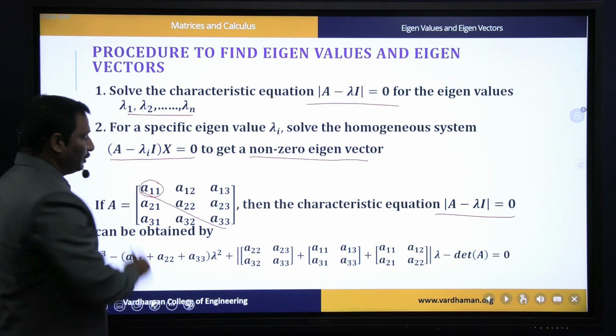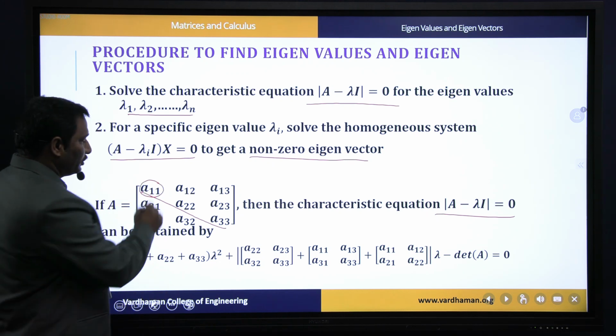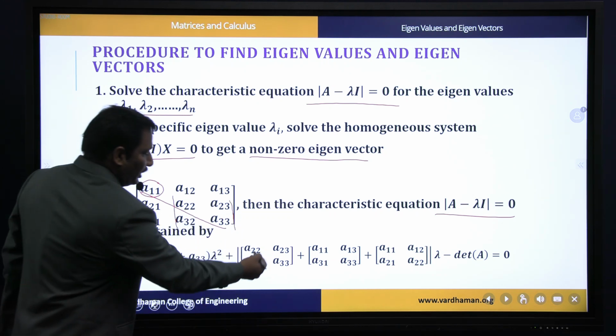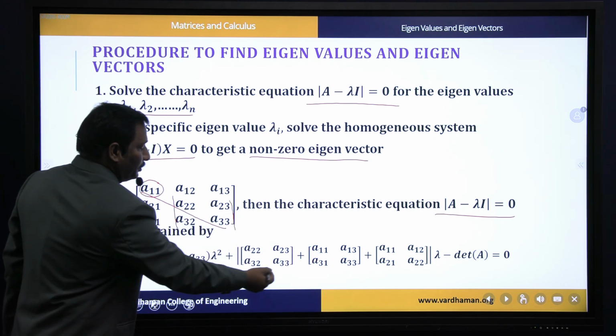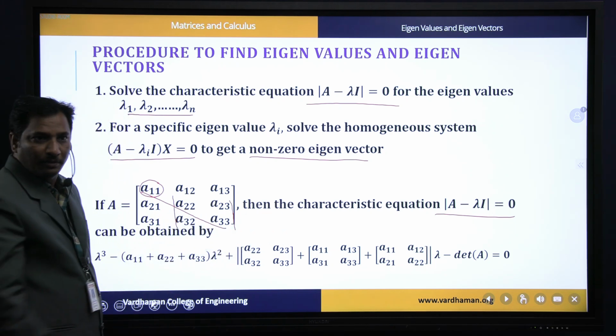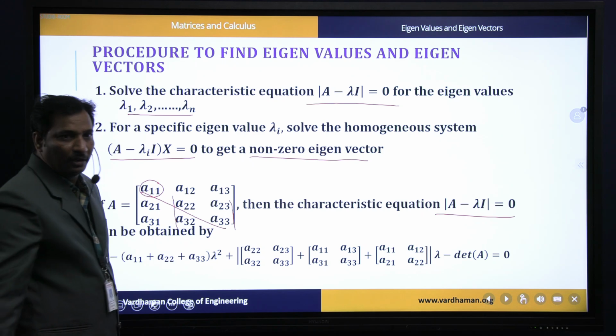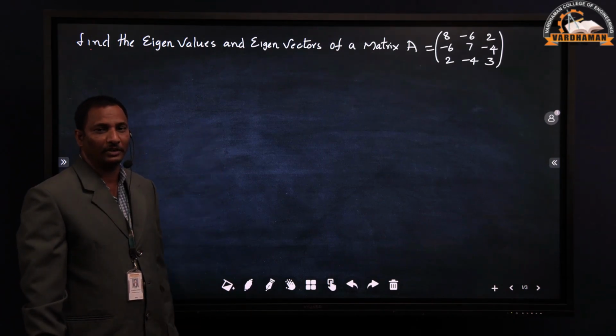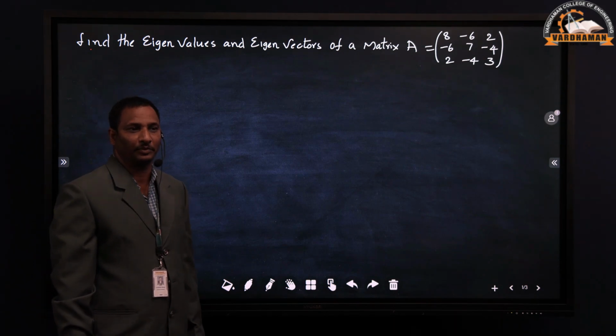For the principal diagonal element A11, its minor is the det of A22, A23, A32, A33. In that way we find the minors for each principal diagonal element, times lambda, minus det A equals 0. Let us see an example to find the eigenvalues and eigenvectors of a matrix A.